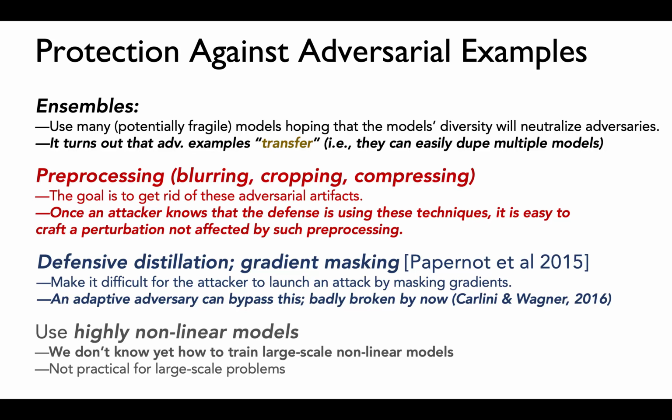But it turns out that currently, as per the practice now, it is not possible to train these models at the scale at which these modern ML models work. So they are not practical for large scale problems, and people are looking at other approaches.